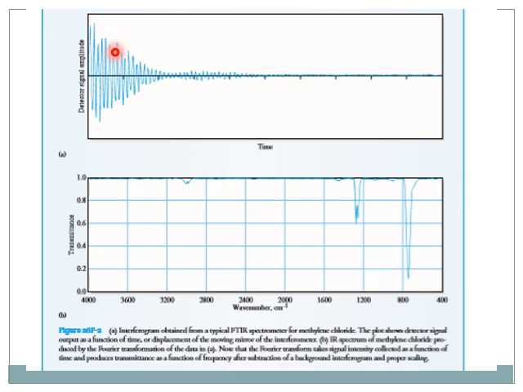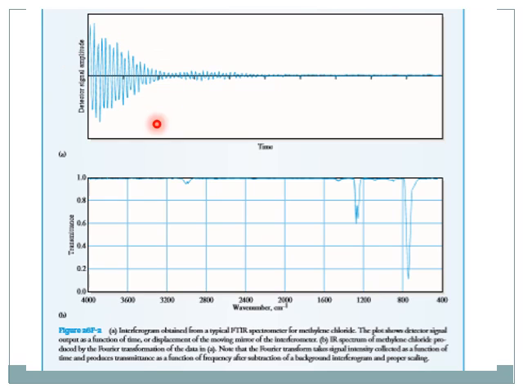The first one is the interferogram, which is formed from the interferometer, and the time is on the x-axis and the detector signal is on the y-axis, and no useful information can we get about the molecule from this interferogram.